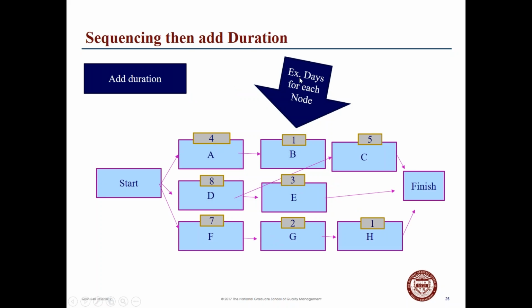As we add duration, for example here, the example days for each node, A is 4 days, B is 1 day, C is 5 days, D is 8, E is 3, F is 7, G is 2, H is 1, and ultimately till we get to the finish.